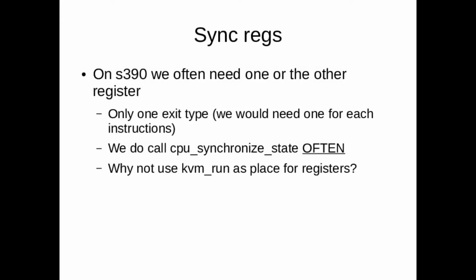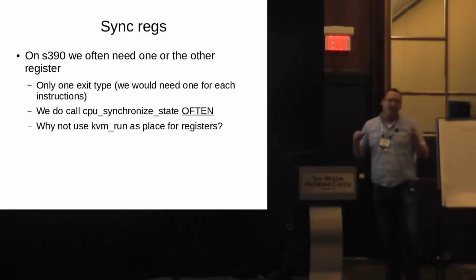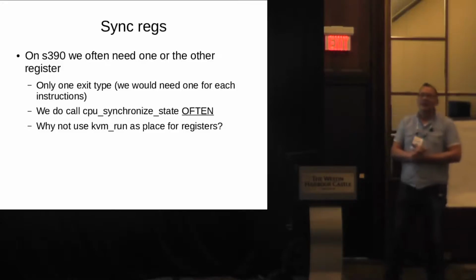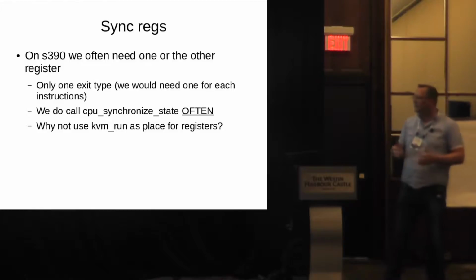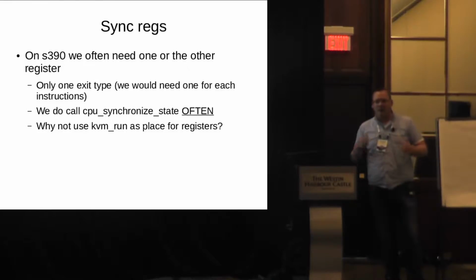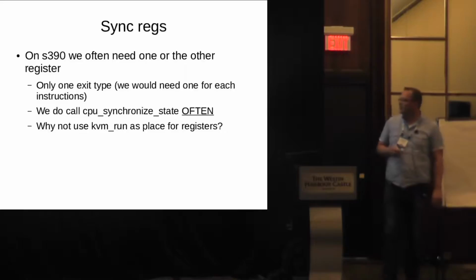Still, we want to get rid of that in S390 because on S390, we need the register content for almost every exit. For historic reasons, we have basically only one exit type, and a lot of parameters are in registers for specific instructions. So it's fair to say that when you have an exit on S390, you very likely call CPU synchronized state.